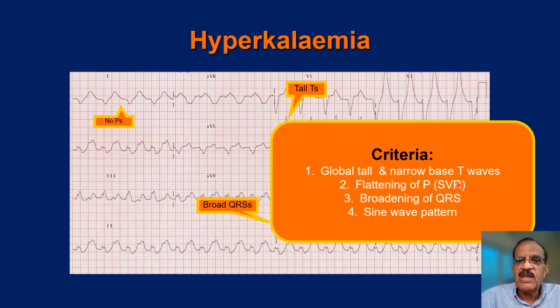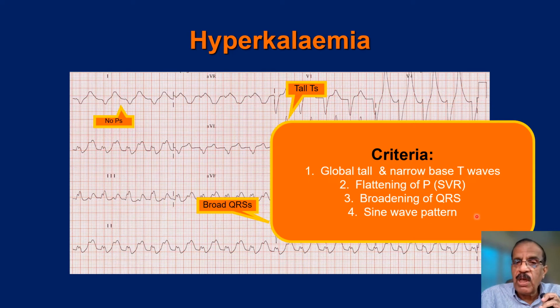So these are the listed criteria: global, tall and narrow base T waves. Global means present in all or the maximum number of leads, not restricted to one group of leads. Flattening of the P wave, so much so that the P wave is not visible. This is sino-ventricular rhythm.